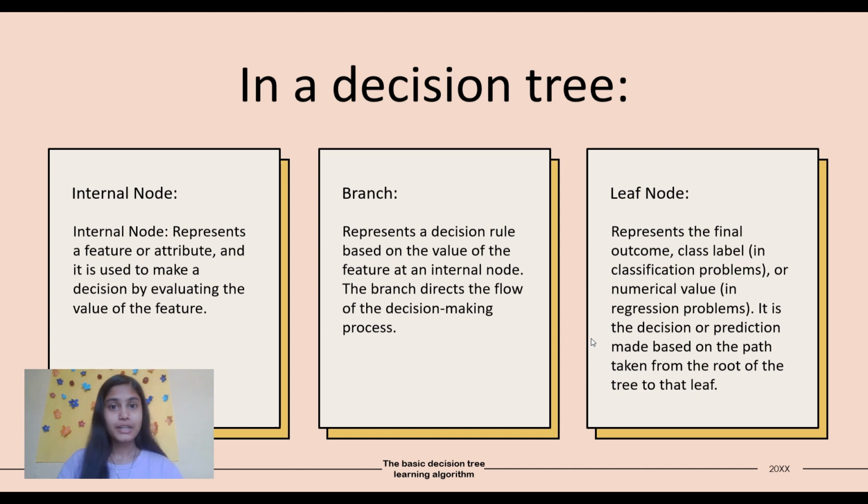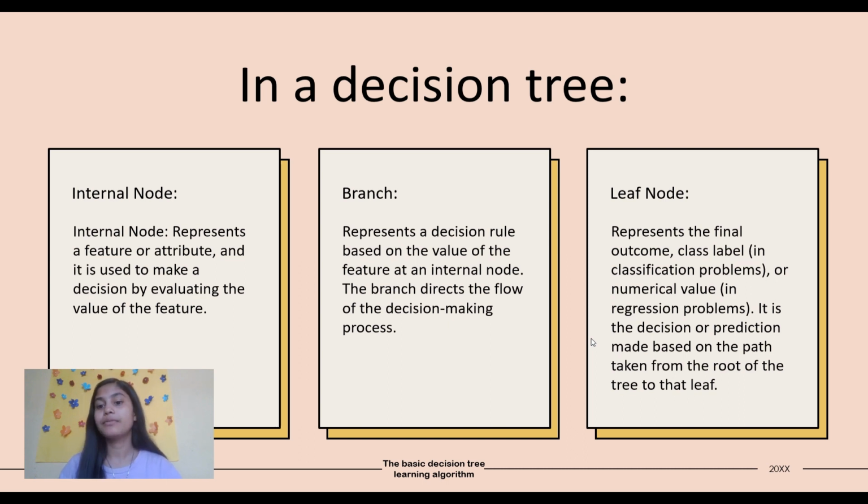Now let's see what is a branch. As I said in the previous slide, it represents the outcome of the decision which we took in the internal node. The branch represents a decision rule based on the value of the feature at the internal node. So the branch directs the flow of the decision making process. So that is branch.